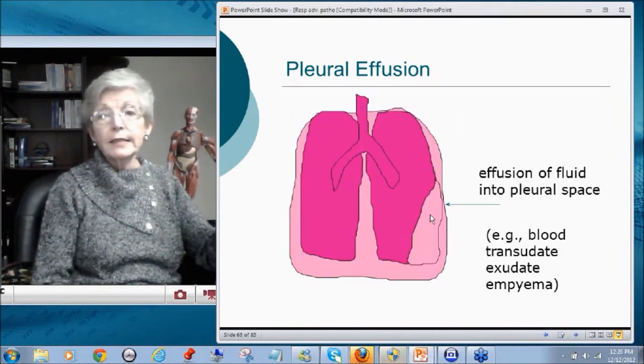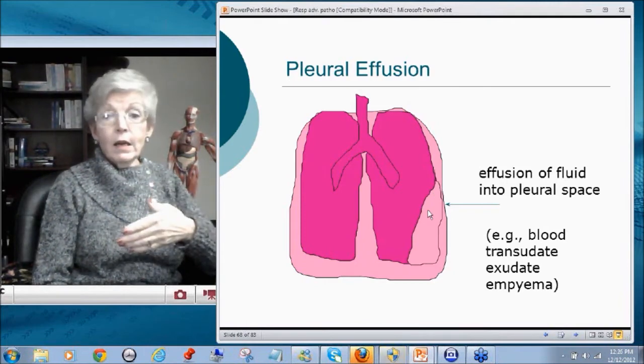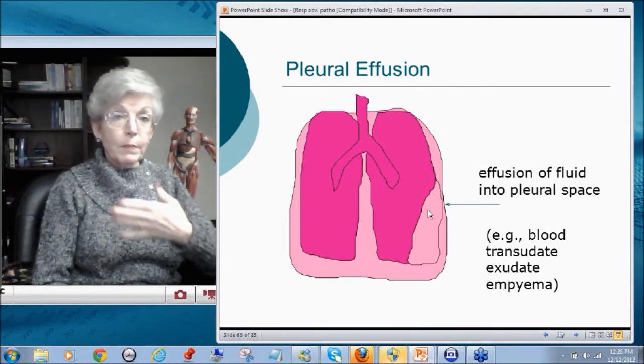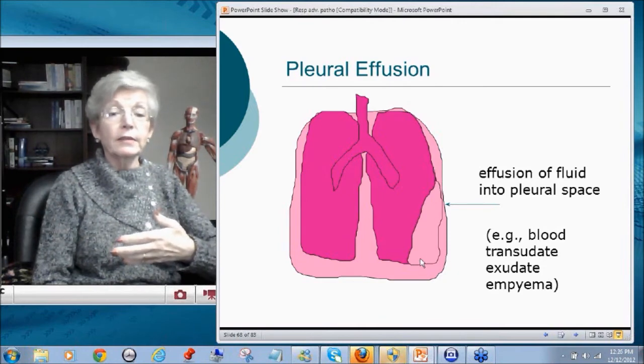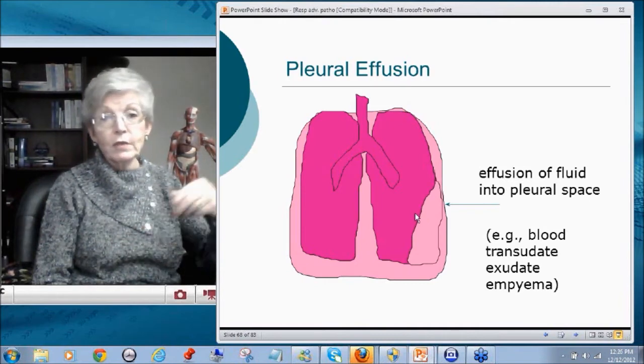So here's an example of an effusion of fluid into the pleural space, such as blood or whatever. Remember, blood or an exudate is gravity dependent, and so that's going to the bases here. So as it accumulates, it is compressing and not allowing expansion of the lung.